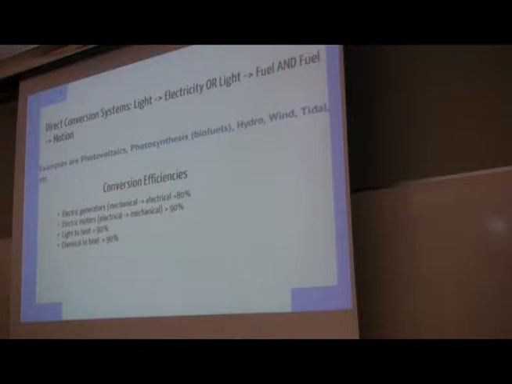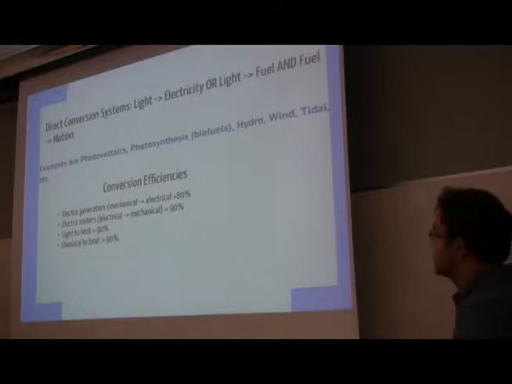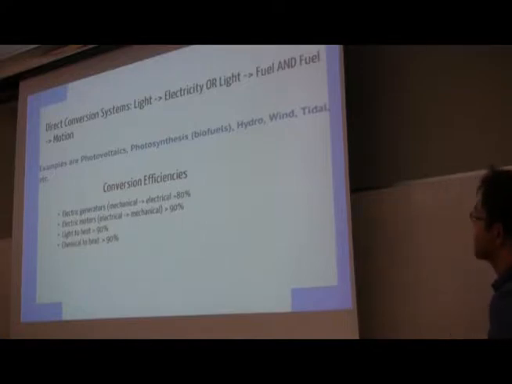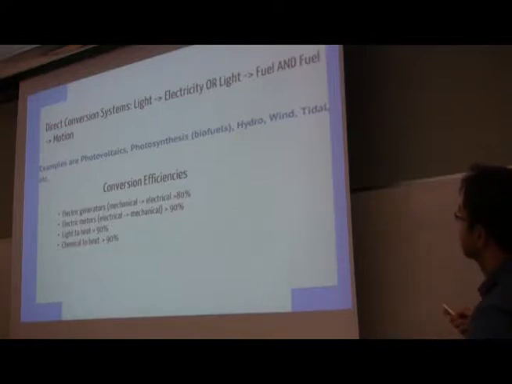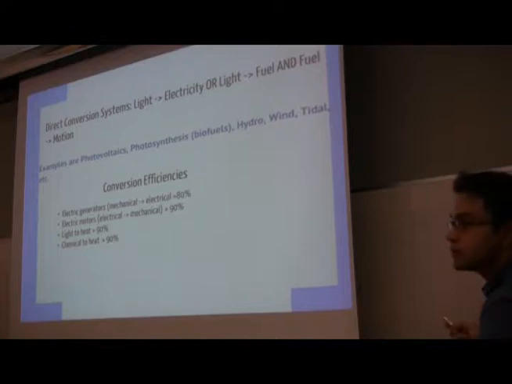Now, you can divide heat engines in a couple of different ways. You can have either a direct conversion system, or you can have an indirect conversion system, and we'll talk about that in a second. Direct conversion systems are essentially light going to electricity. In this case, we're generating electricity. Or you can go from light to fuel, and then fuel to motion, or electricity.